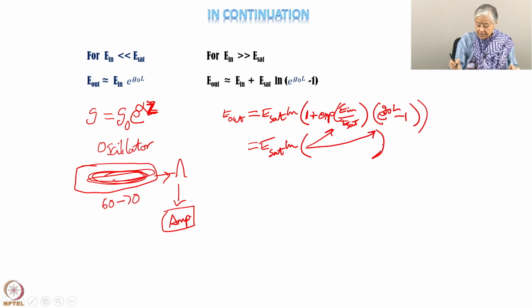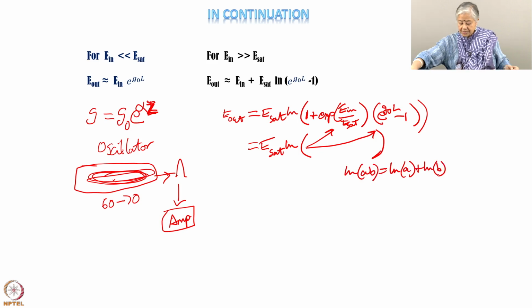You can use the identity ln of a b is equal to ln of a plus ln of b, and then you will finally come to this equation. So, that is how it is done.